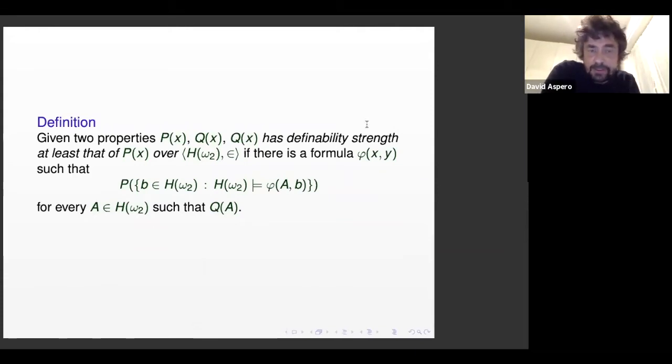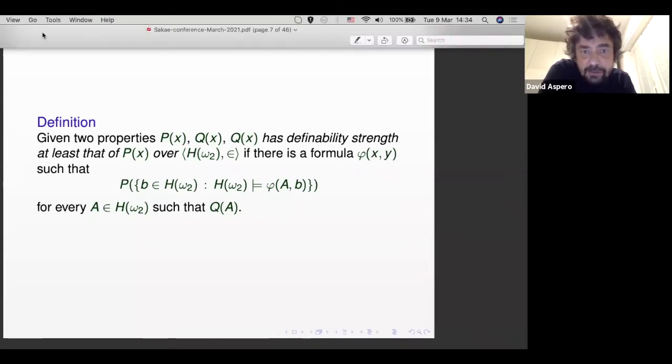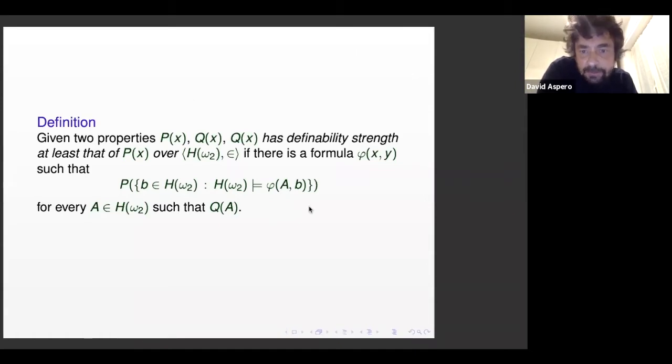Suppose you have two properties, P of X and Q of X. Then I'll say that Q of X has definability strength at least that of P of X over H omega 2 if there's a formula phi in two variables such that whenever you have some A in H omega 2 that satisfies the strong property Q of A, then the set of B in H omega 2 that satisfy this phi with this parameter A satisfies the weaker property P. So that's a natural definition.